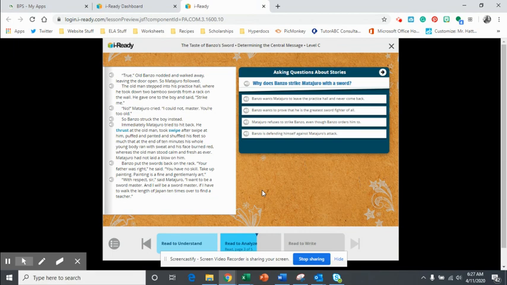So Banzo is hitting Mataharu with a teaching tool, and why would he be hitting Mataharu with a teaching tool? That's the way that you have to look at it. This question seems a little bit more violent than it actually is, but it's not really that way. Striking him with a teaching tool. So go ahead and go through your answers and find the best one.